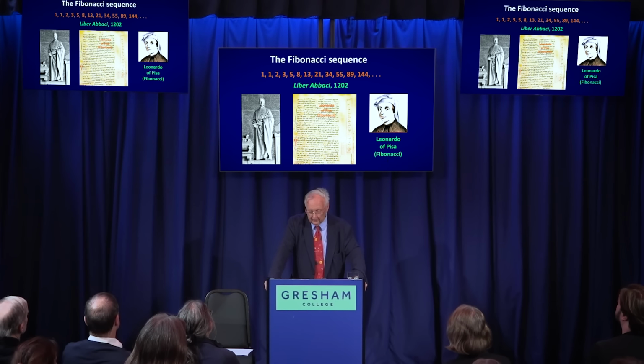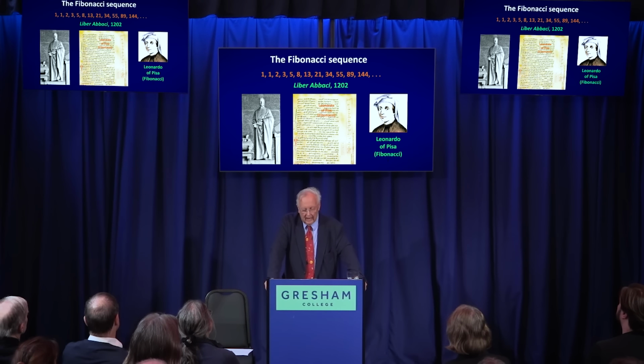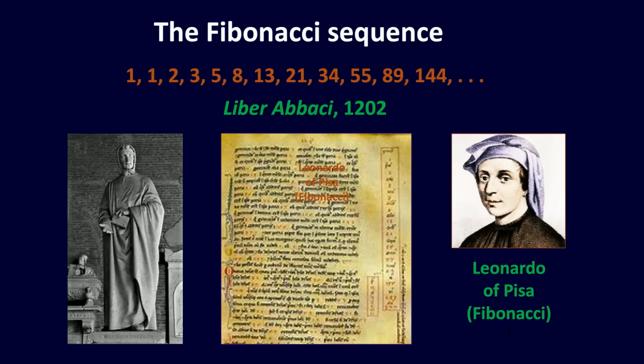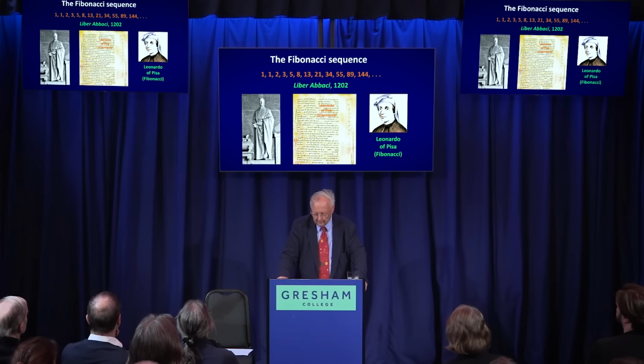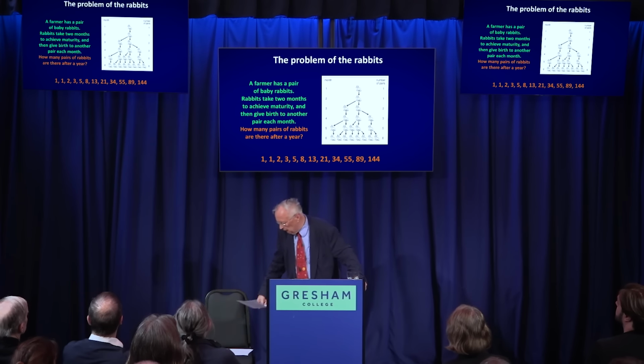While traveling in North Africa, he learnt about the Hindu-Arabic numerals, which he then propagated in Western Europe in his influential Liber Abaci, or Book of Calculation. And as you can see from this page, the Fibonacci numbers appear vertically on the right. This book contained many mathematical problems, including his famous one about rabbits.